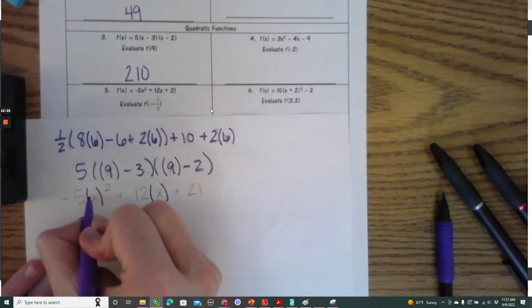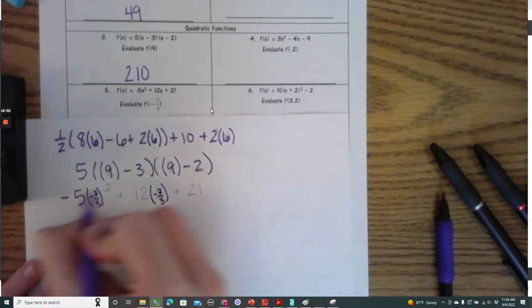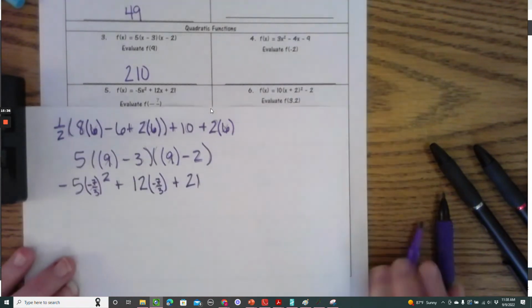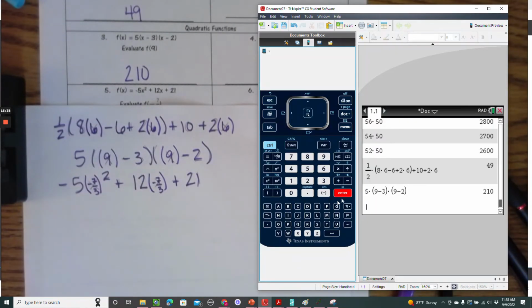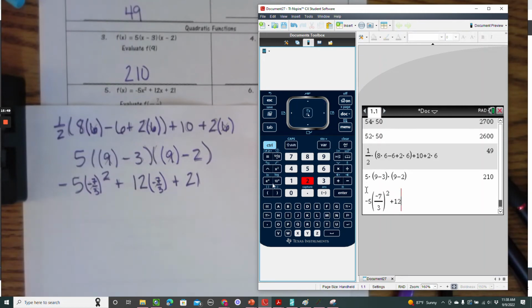So here, it's negative 7 over 3. All right, so negative 5. So to do a fraction, control division, negative 7 over 3 squared plus 12.